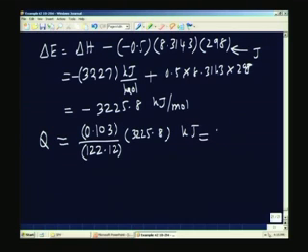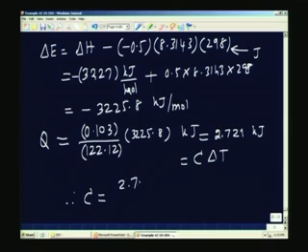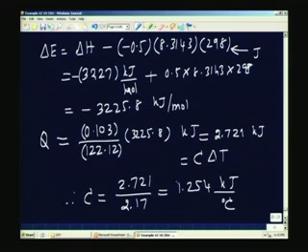This comes to 2.721 kilojoules. This is the heat released in the first experiment. This must be equal to C into delta T. Therefore, C will be equal to 2.721 divided by delta T, which is 2.17, and this comes to 1.254 kilojoules per degree centigrade. This is the value obtained from the first experiment.